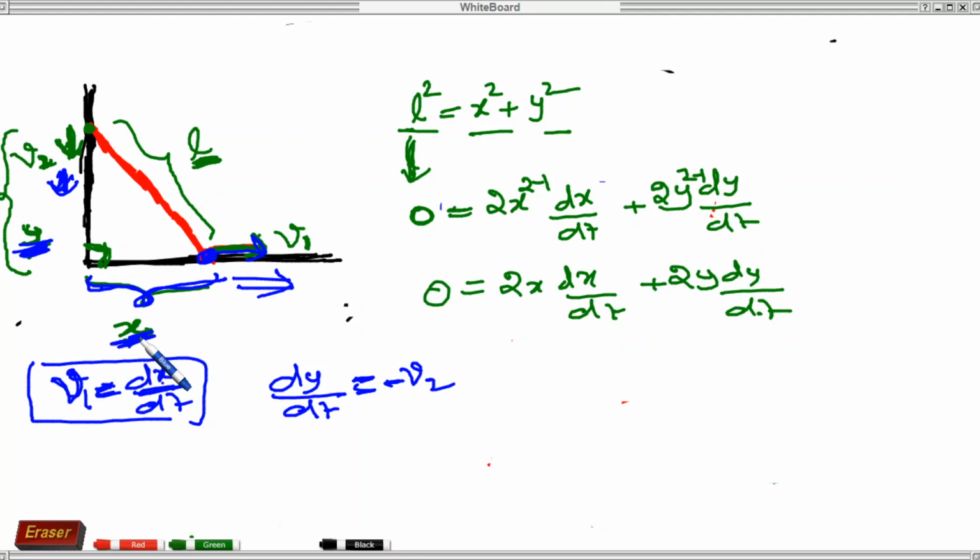And x is increasing, so I assumed x as positive, and wrote v1 is equal to dx over dt. But y is decreasing, so I made it negative. You have to keep this in mind.